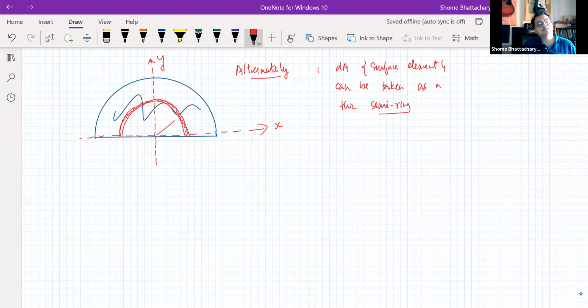So if that semi-ring has radius r and a thickness of dr, then the area of that semi-ring will become length into thickness. It's like we've taken a rod of length pi r and thickness dr. Now we bent that rod into a semi-ring like this.